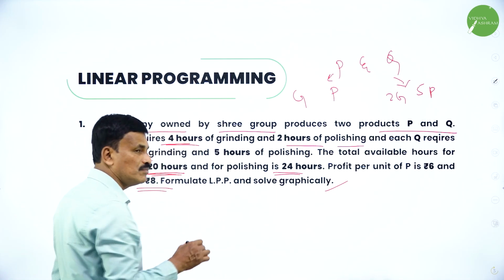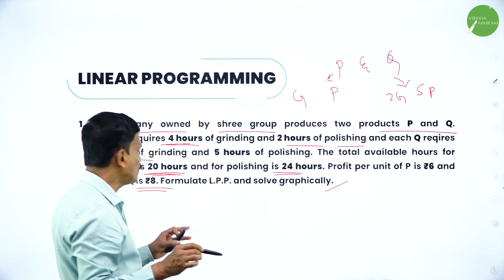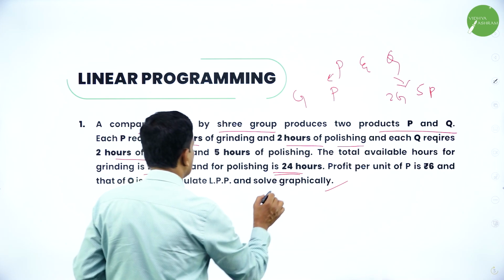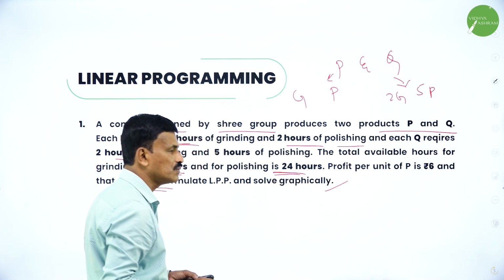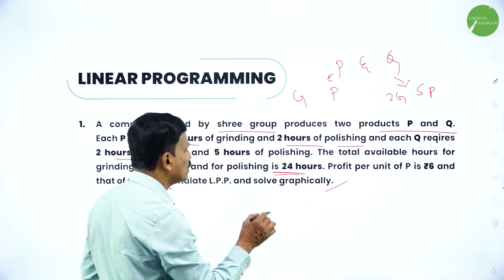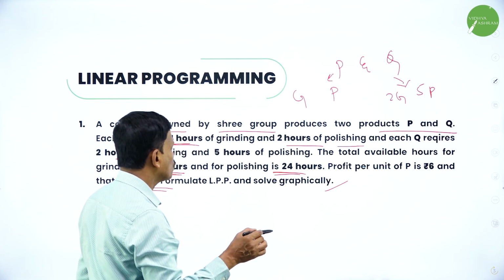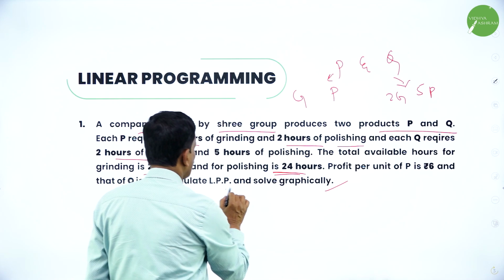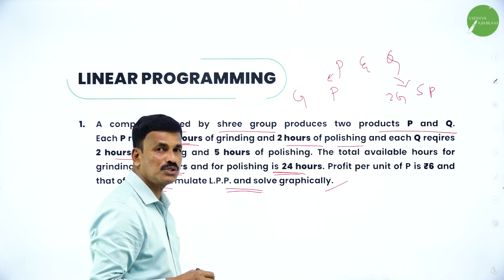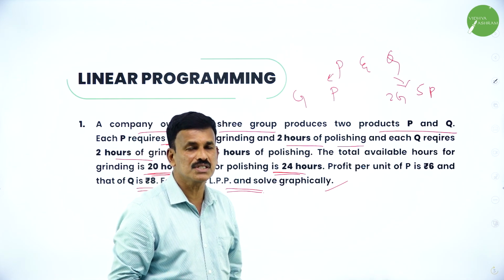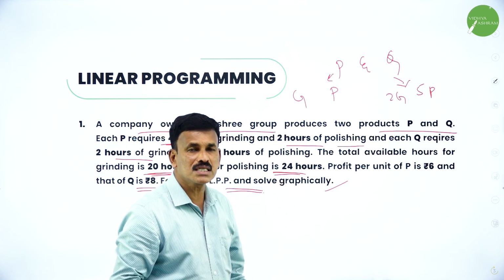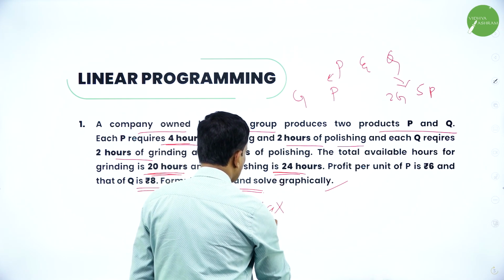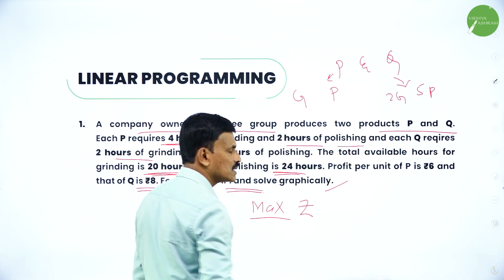The maximum time available for grinding is 20 hours, and for polishing it is 24 hours. Profit per unit of P is ₹6 and for Q it is ₹8. So we have to formulate the LPP and solve it using the graphical method. Since it is about profit, this is a maximization problem, max z.